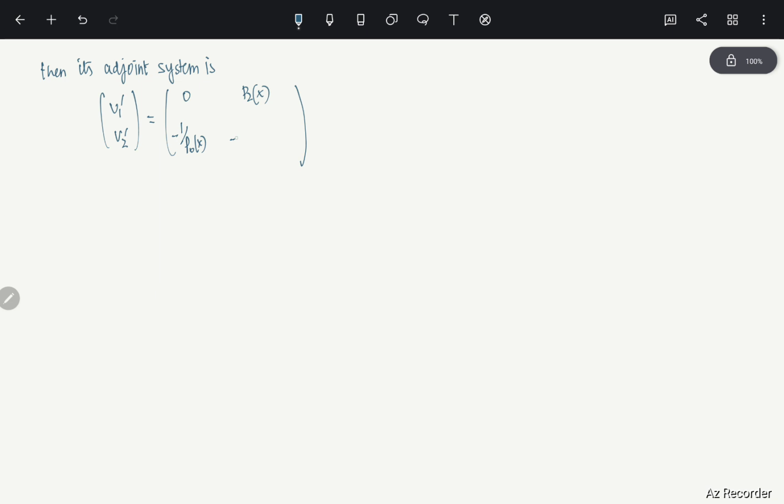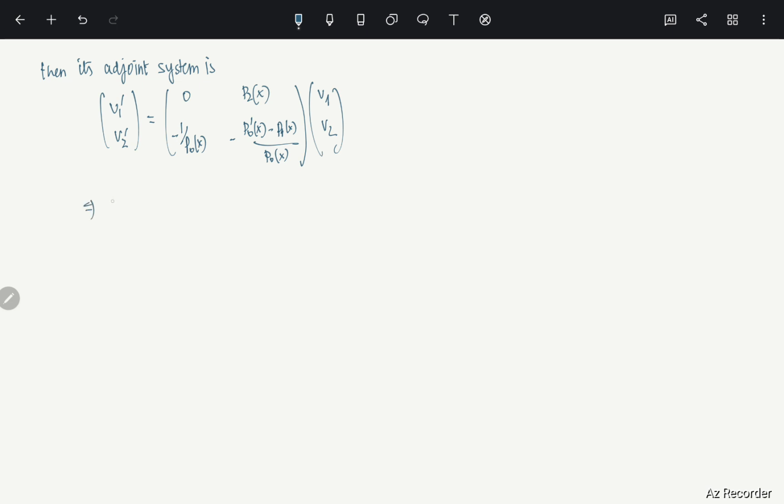So exactly the same thing, minus A transpose, that is p naught prime of x minus p1 of x by p naught of x, and then v1 and v2. Is this okay? This is what we are going to get.